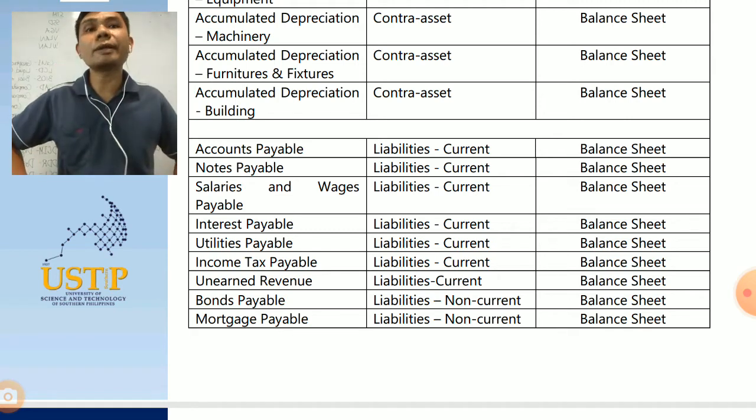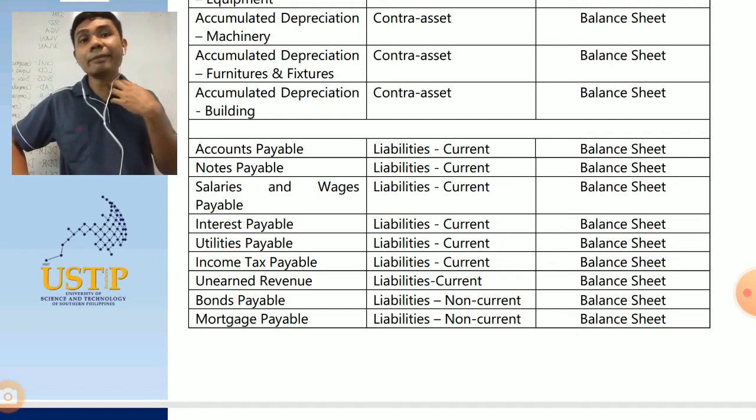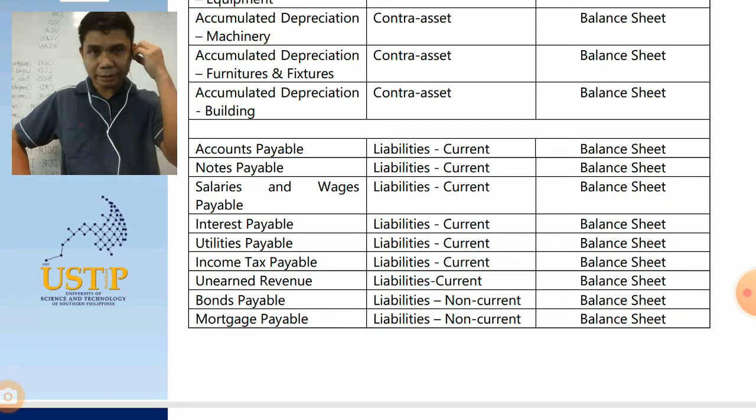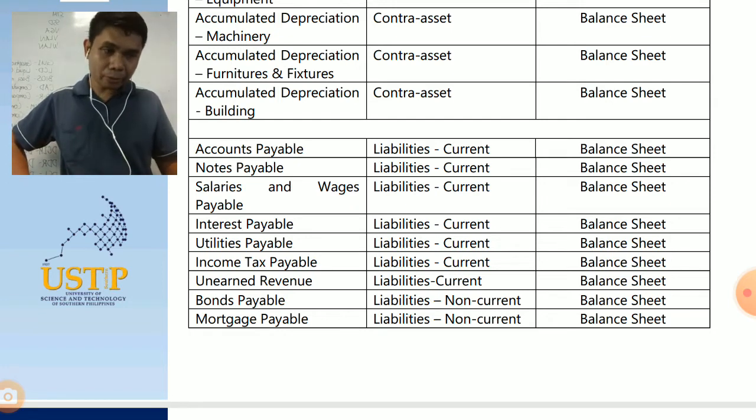Utilities payable. Utilities, mao ang mga gastuhanan nga parehas sa water bill, electric bill, PLDT bill. Utility may tawag ana, di ba? Kana tanan, iipon nimo ang electric bill, water bill, bill nimo sa PLDT, that is utilities.